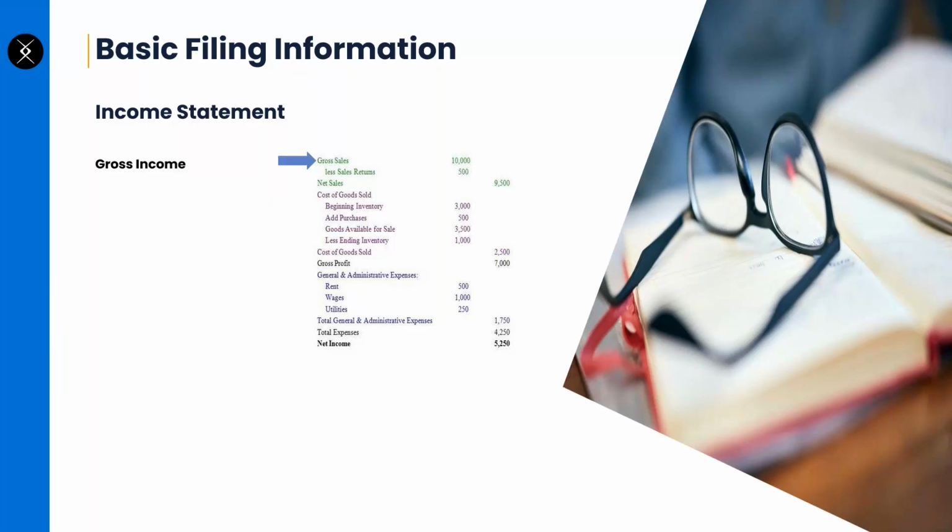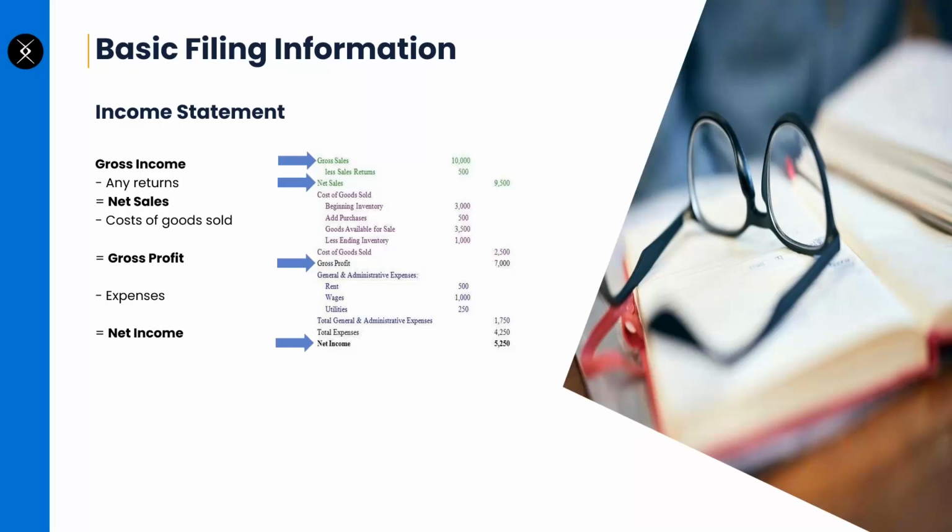An income statement basically breaks down the gross income minus any returns equals your net sales, minus cost of goods sold equals your gross profit, minus expenses equals your net income. Okay, so this is the first sheet that you would fill out normally within the return.